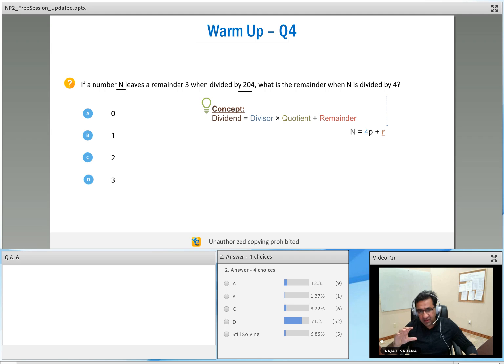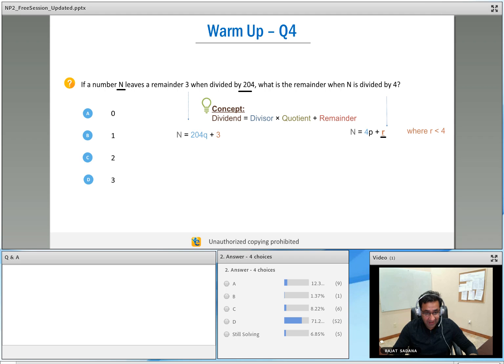But what is the question asking us? The question is asking what is the remainder that n leaves when it's divided by 4, which means n should be expressible as 4p plus r, where r is this remainder that we are looking for. And remember, a remainder always has to be less than the divisor.